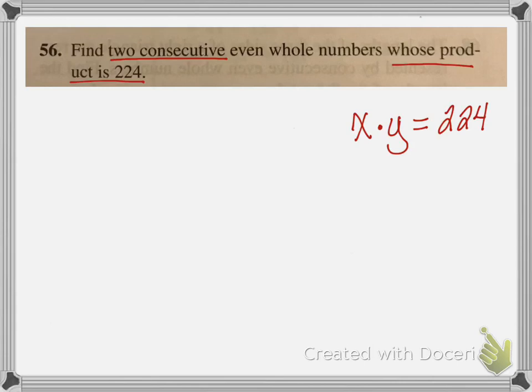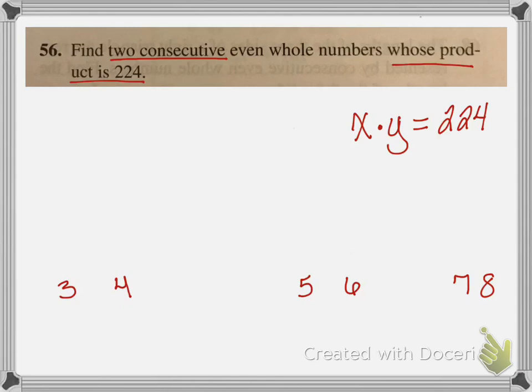Okay? Give me an example of two consecutive numbers. Not even whole numbers, just two consecutive numbers. So if I gave you the number 3, what would be the next consecutive number? 4. Okay, so 3 and 4 are consecutive numbers. 5 and 6 are consecutive numbers, 7 and 8, and we could go on and on.